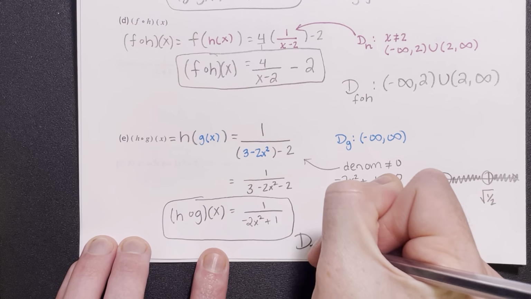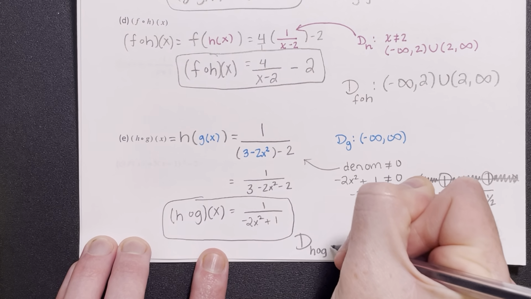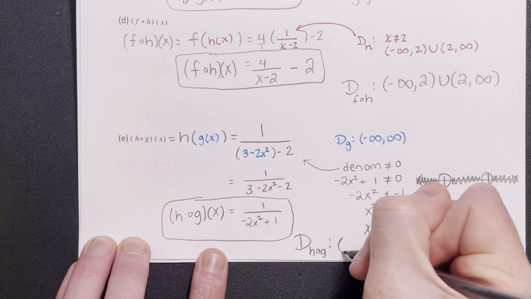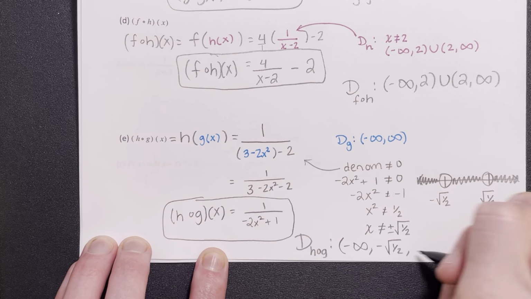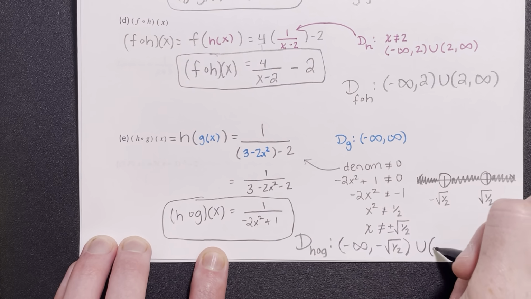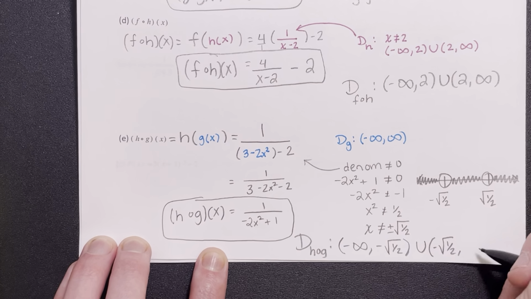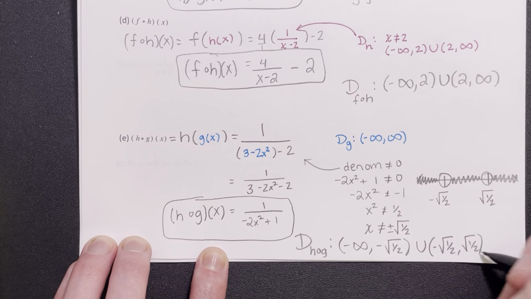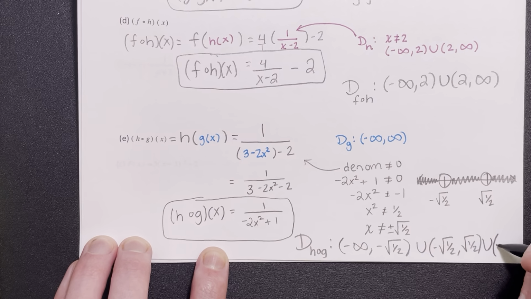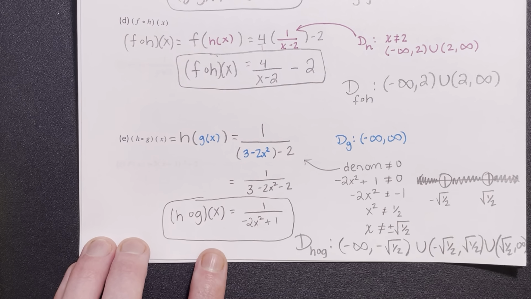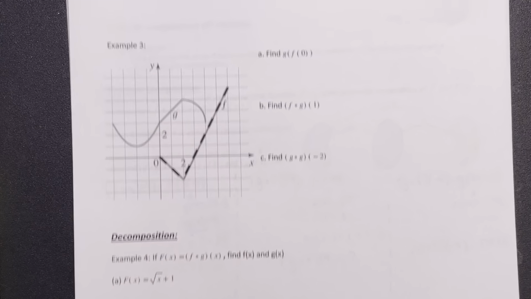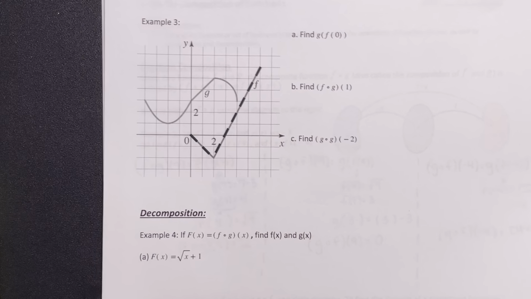So we would rewrite the domain of h of g as negative infinity up to negative square root of 1/2, union negative square root of 1/2 to positive square root of 1/2, union square root of 1/2 to infinity. All right, part 2 will go through some graphical explanations of it and the decomposition.